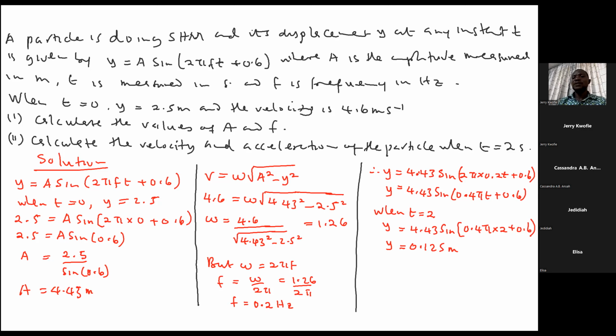Now we have the displacement, so we want to get the velocity. Our velocity is omega root of a square minus y square. So it is now going to be omega, which we found to be 1.26, so 1.26 root of a, which is 4.43, 4.43 square minus y, which is 0.125, so 0.125 square.